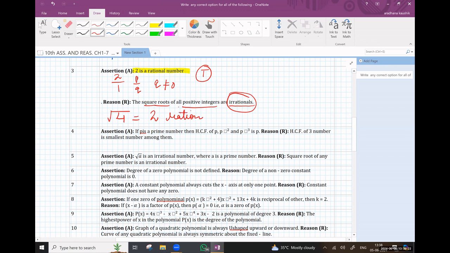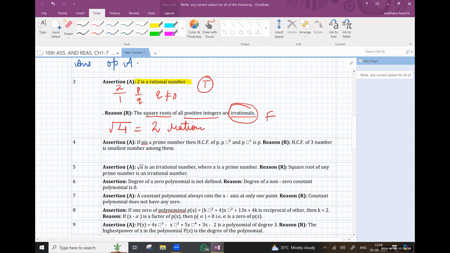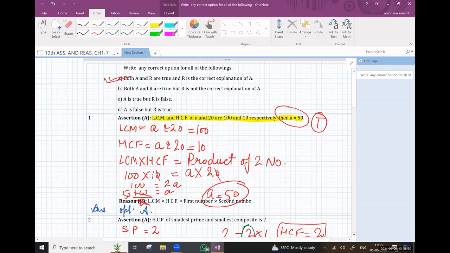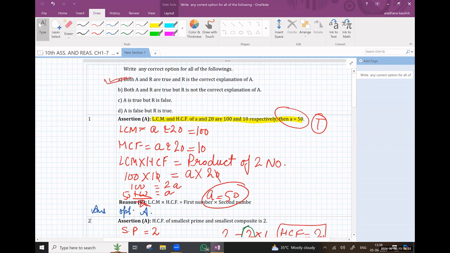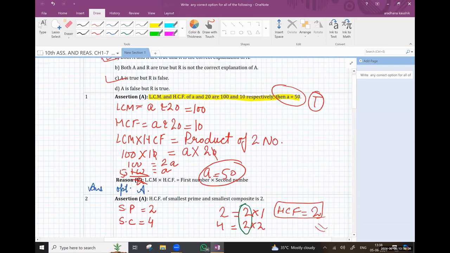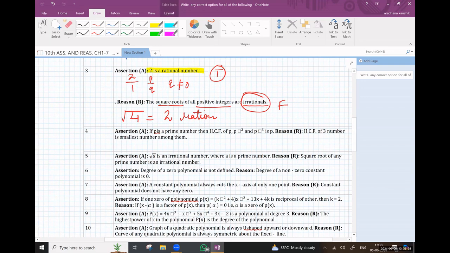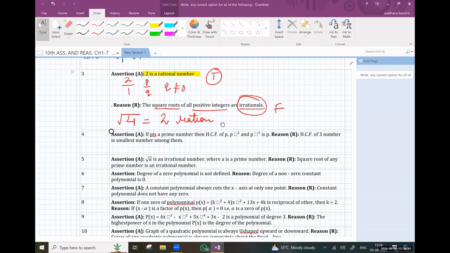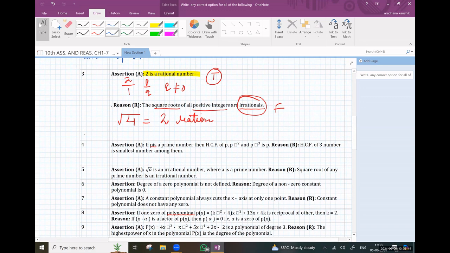So here reason is false and assertion is true. So the option will be A is true but R is false. So C option is the answer.